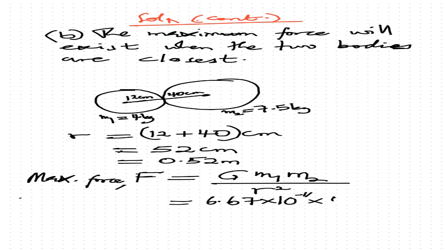M1 is what? 4. M2 is what? 7.5. And our R is 0.52 squared. Okay, and the rest is calculator work. The calculator does it for us.